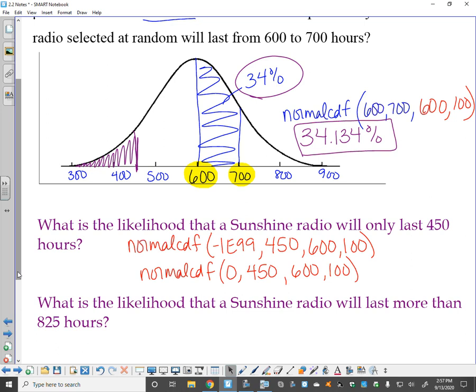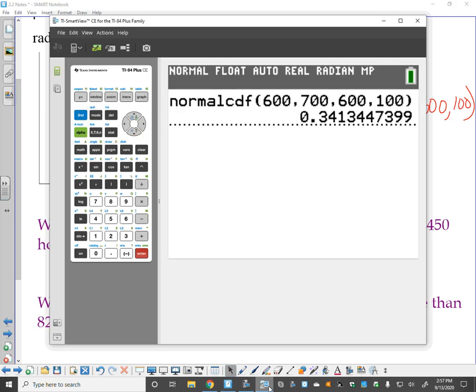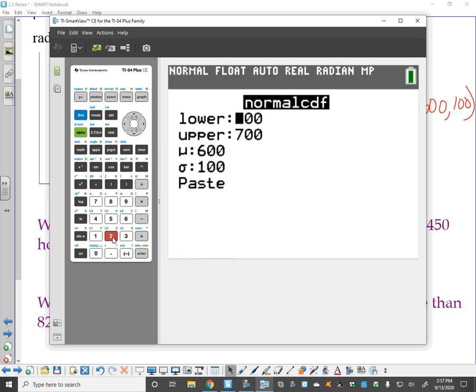Okay, I'm going to go to my calculator. I'm going to go to distribution. I'm going to go down to number 2 and my lower limit. So I am going to type in 0. I'm headed to 450. Oh, not 4,500.